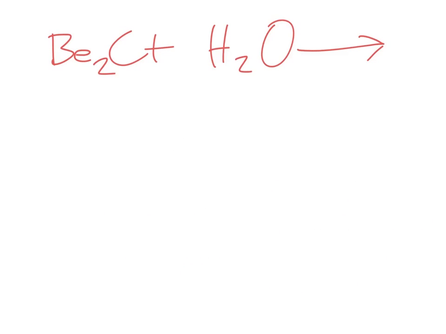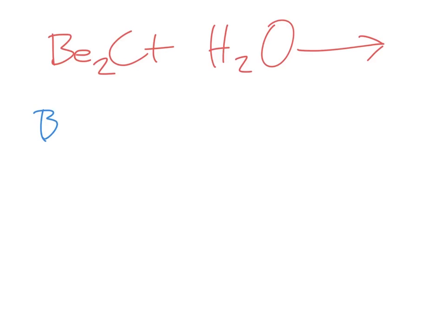Alright, so the first question is: identify the reaction type, predict the products, and balance Be2C plus H2O. In order to find this out, we can make this into the complete ionic equation so we can get a better overview. That would be separating all the ions.